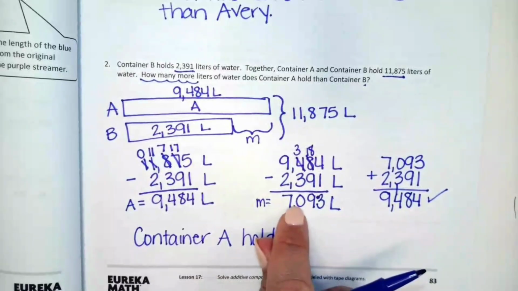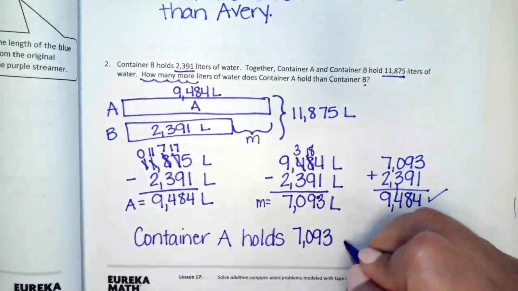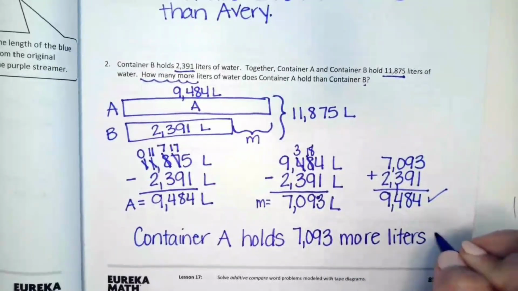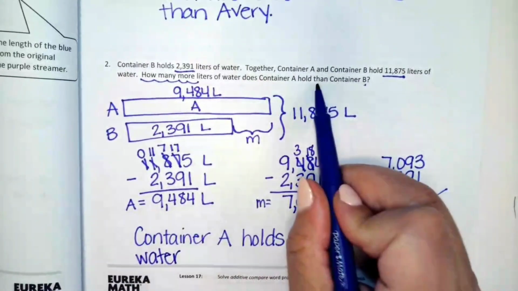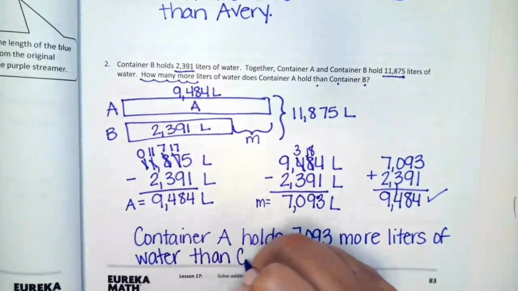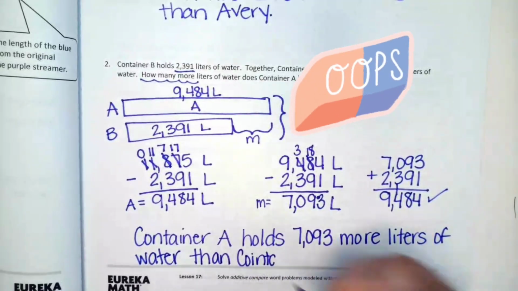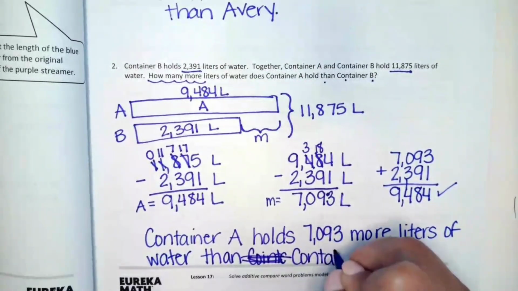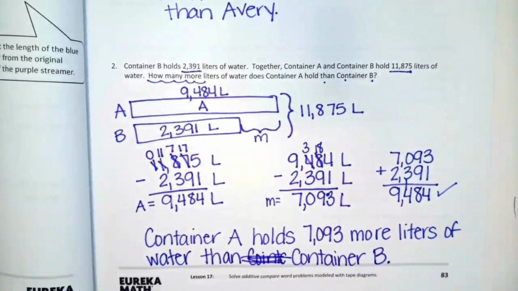Here's where we got M. 7,093 more liters of water than container B. I spelled container wrong. Silly. Let me fix that. Container B. There's my answer statement.